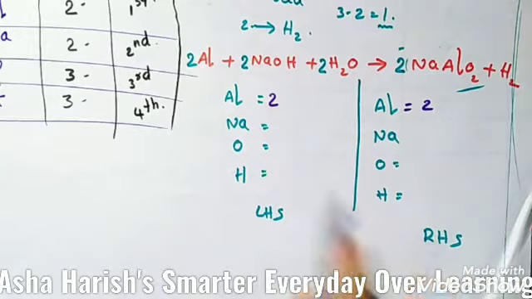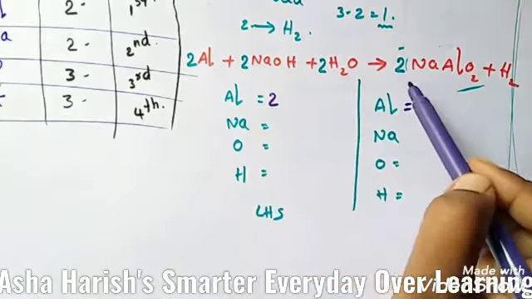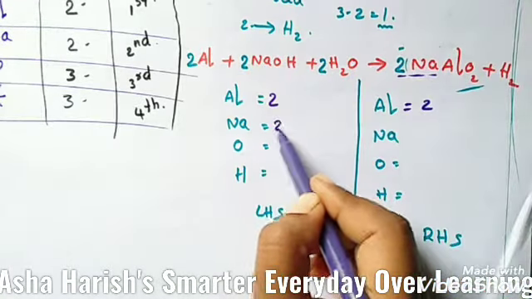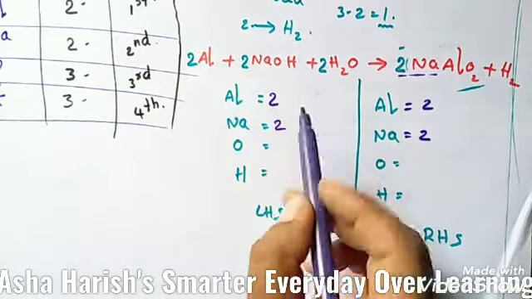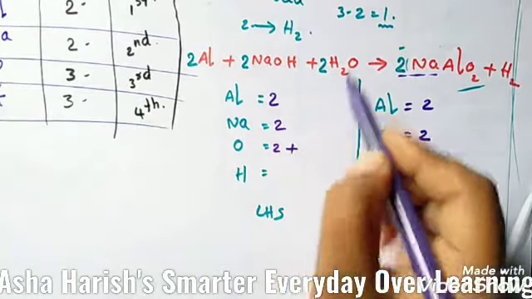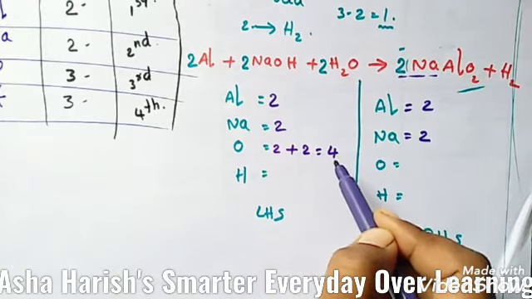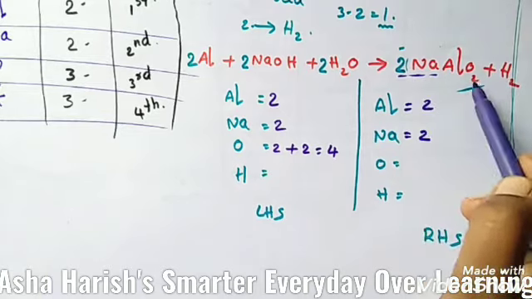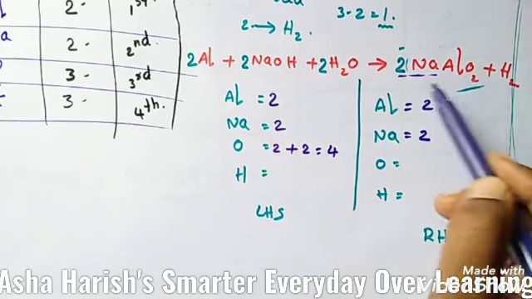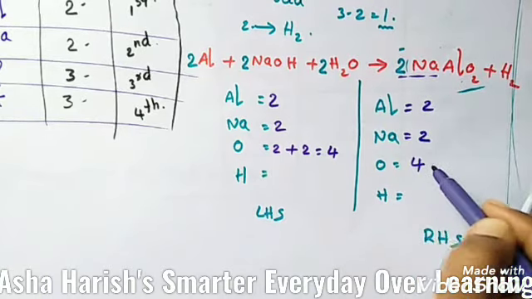Now coming to sodium, here 2 sodium atoms and here also 2 sodium atoms, 2 and 2. And oxygen, here 2 oxygens plus here also 2 oxygens, so 4 oxygen atoms, and here you need to count 2 twos, here also 2 is located, so 2 into 2, 4 oxygen atoms.